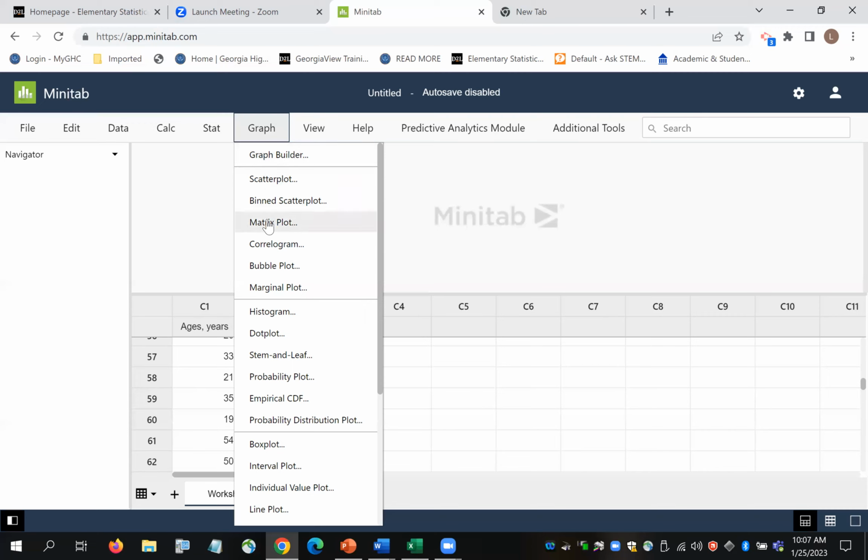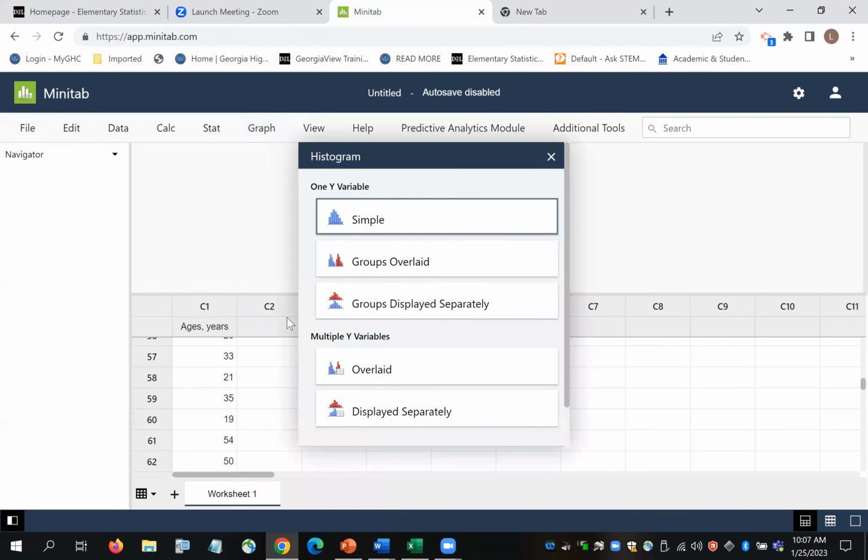I'm asked to create a histogram, so I'm going to choose histogram. Again, for our purposes in this course, we keep things as simple as possible. So we're going to do one y variable. I've only got one variable, and I'm going to keep it simple.